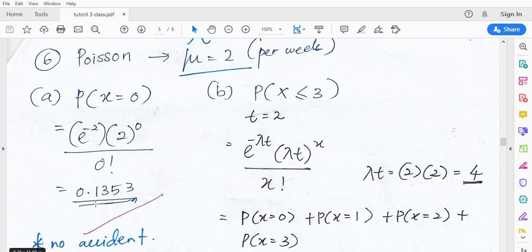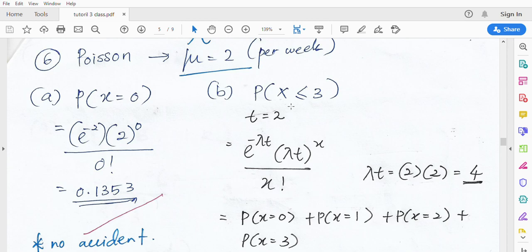And then B is find the probability of at most 3 accidents during a 2-week period. At most 3, so the most is 3, so we will use 0, 1, 2, and 3. So include 3 also, but the duration is 2 weeks, not 1 week.